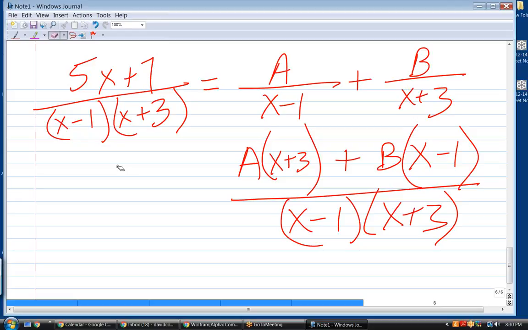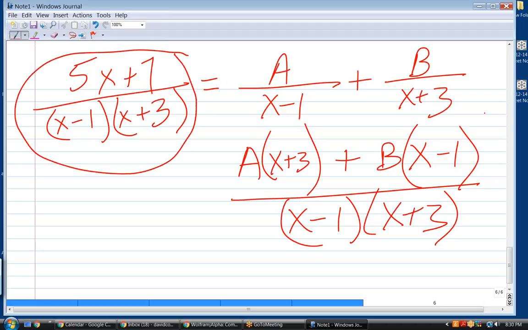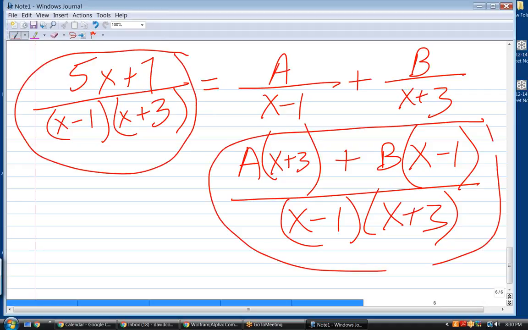Find the A. Well, notice that I have this equals this at this point, right? The denominators are the same. So you can cancel them? I can equate the numerators. That's the key step.